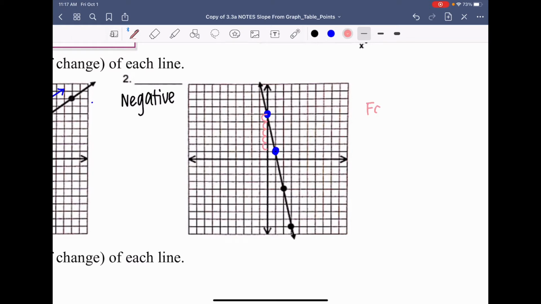So I fell 5 units. Fall is where the negative slope comes from. So when I fall 5 units and then I go to the right 1, my slope is actually just negative 5. So negative 5 over 1 is just a slope of negative 5.